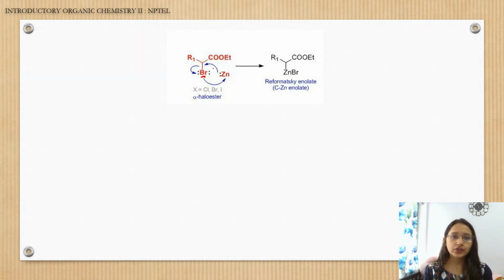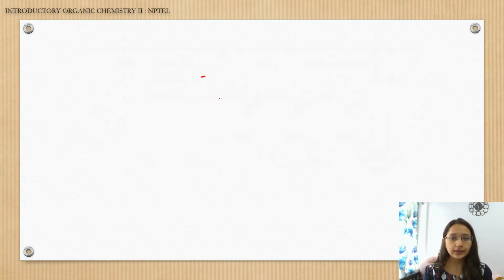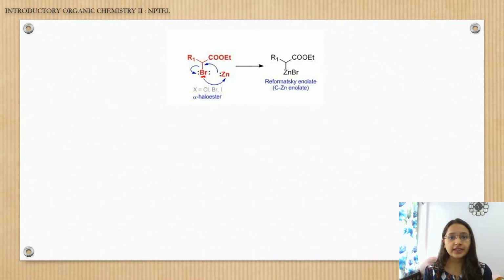So a Reformatsky enolate is generated over the alpha-haloester, that is, a C-Zn-Br bond.